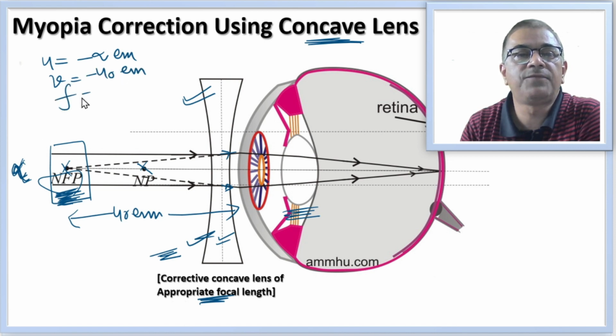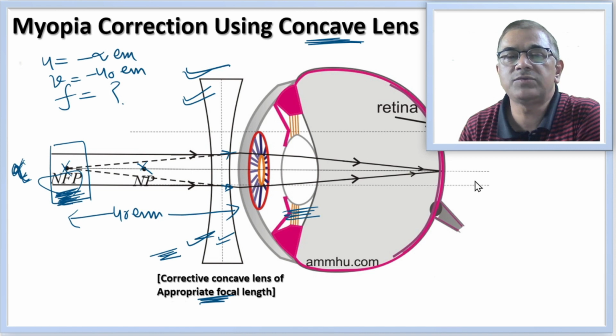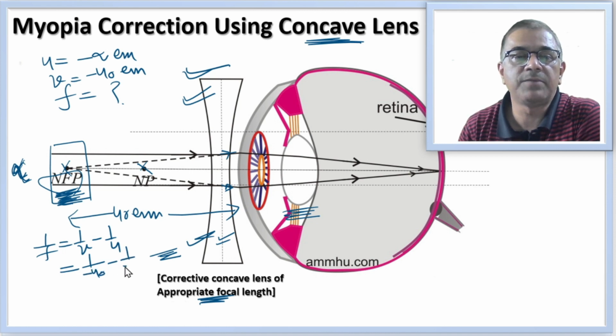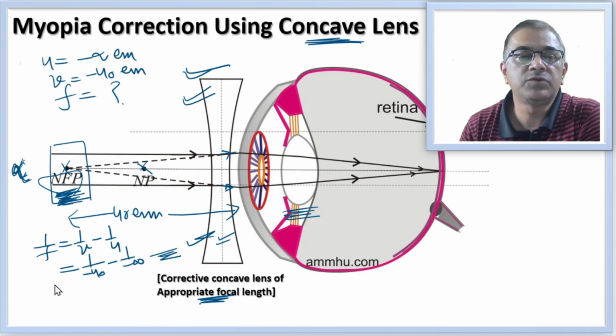Let's calculate the focal length of this concave lens. The focal length can be calculated using the lens formula, 1 by f equals 1 by v minus 1 by u. This is 1 by minus 40 minus 1 by minus infinity. So the focal length is minus 40 centimeter.